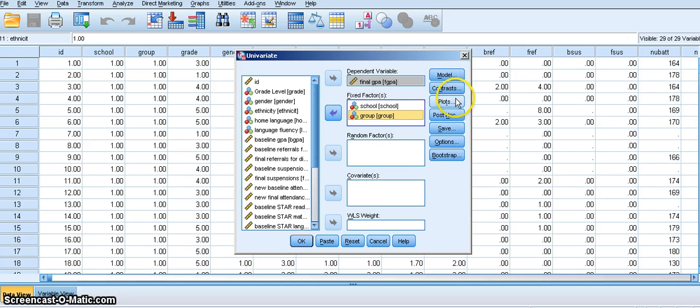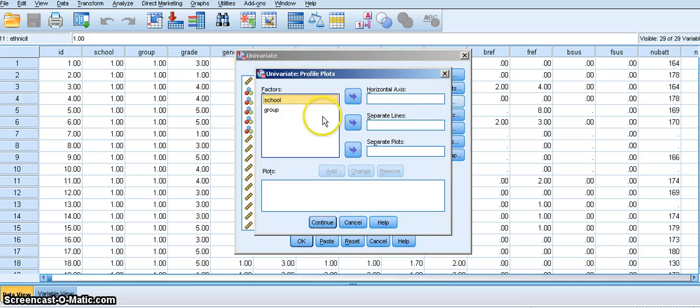Let's see if we can get SPSS to show us visually what those patterns or trends look like. So we can click on plots, and let's say that I want groups to be on my horizontal axis and schools to be as separate lines.